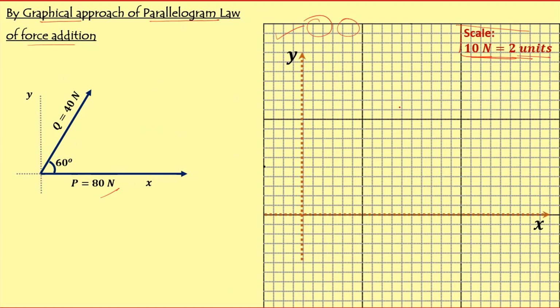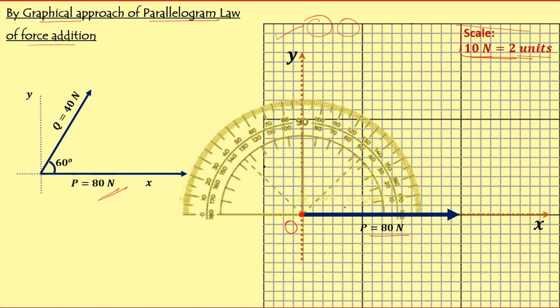The next step is to draw the x and y axes and start the diagram from the origin, that is O. My first vector in the diagram is 80 Newton, and as per the scale, it is 16 units on this graph paper. So I have drawn P, 80 Newton, with the scale. Then to draw Q, we need to use a protractor.